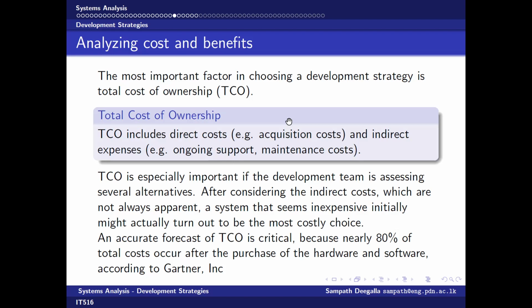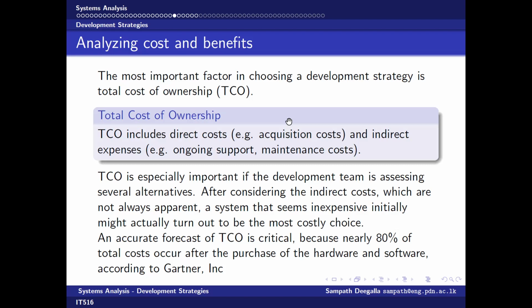So when you look at several alternatives, whether you are going to have your own in-house software development systems, or whether you are going to take a web service, right? You have to look at all these different types of cost, and only then are you going to make a decision, right?